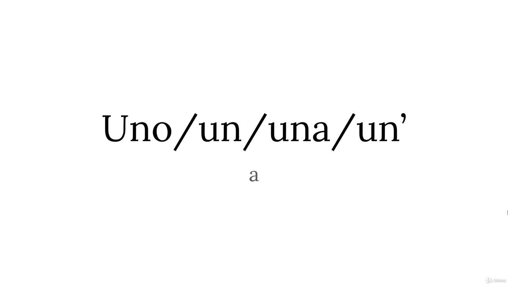And then for the feminine words, you have either una or un with an apostrophe. What is the difference? You use un with an apostrophe just in front of the feminine words that begin with a vowel. Okay? That's pretty easy. It's actually easier with the feminine ones than with the masculine ones.